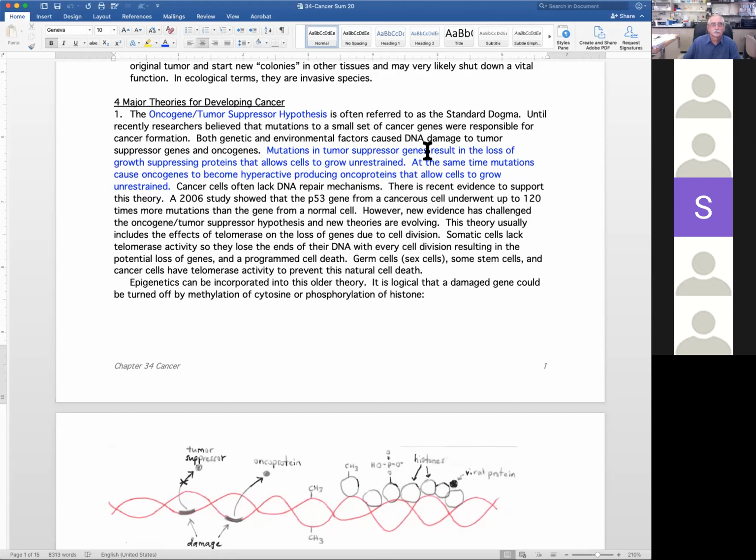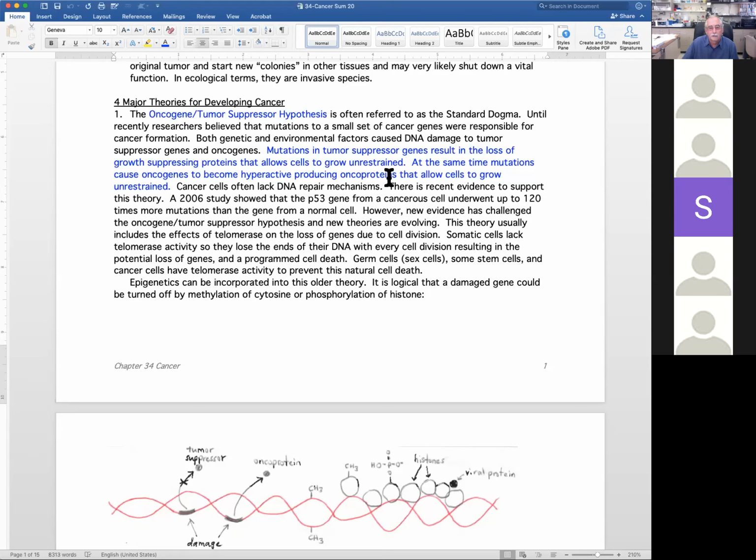So then the cells can simply grow unrestrained. Another thing that can happen is a mutation in an oncogene, one that produces a cancerous protein, can become hyperactive, producing oncoproteins that cause the cell to just grow wild.